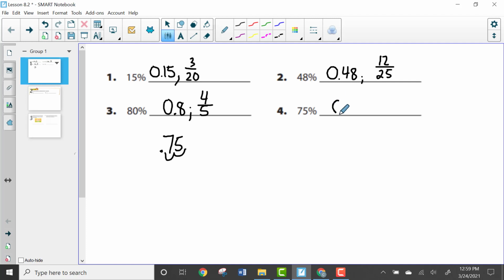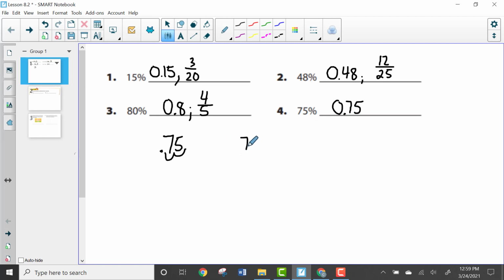So that's 75 hundredths. And why would it be 75 hundredths, not just 75? Think about the video from the previous lesson where we had that big grid of 100, and 75% would mean 75 hundredths. All those little squares represent a hundredth. 75 of those little hundredths are shaded in out of 100. So 75 hundredths as the decimal.